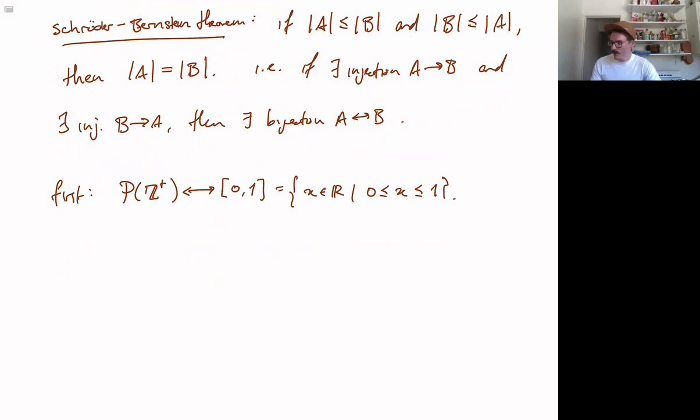So the way this bijection works is to translate a subset. Let me just write some subset and show you how it works.